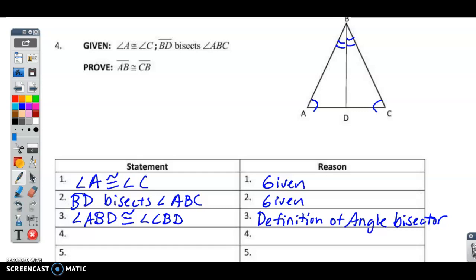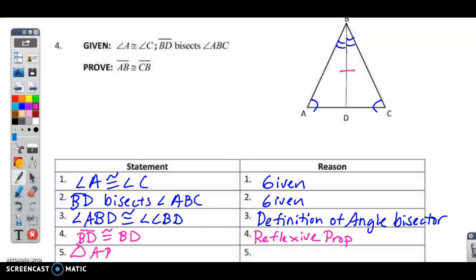Next statement. We've got another reflexive property here. That side should be the same measure on both triangles. Now technically it's the reflexive property of segment congruence, but if you just write reflexive property, that is perfectly fine for now. Now we have enough information to prove the triangles are congruent by angle, angle, side. So we can write that out.